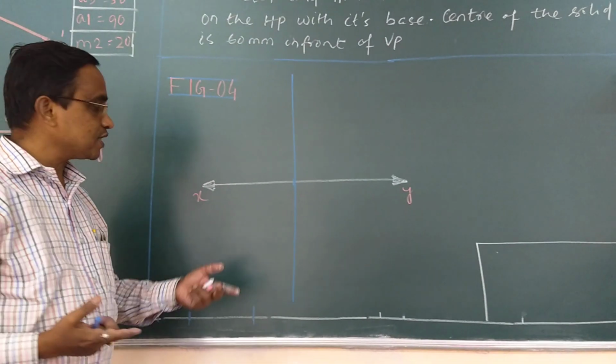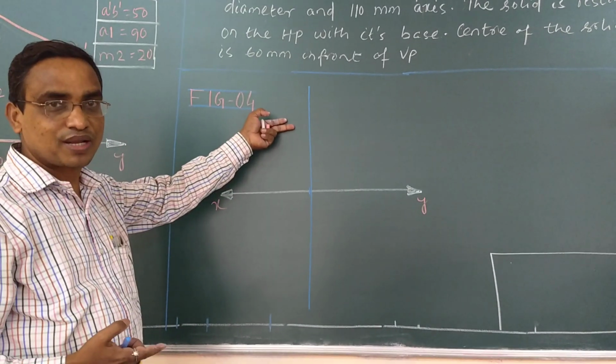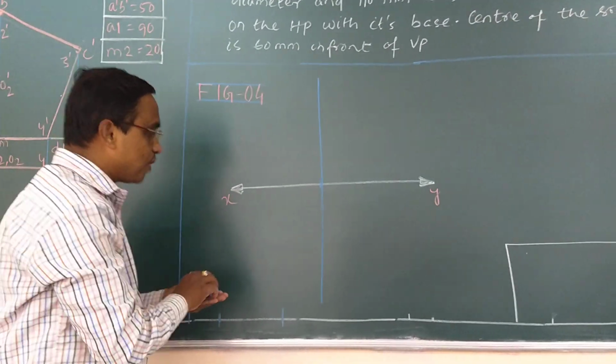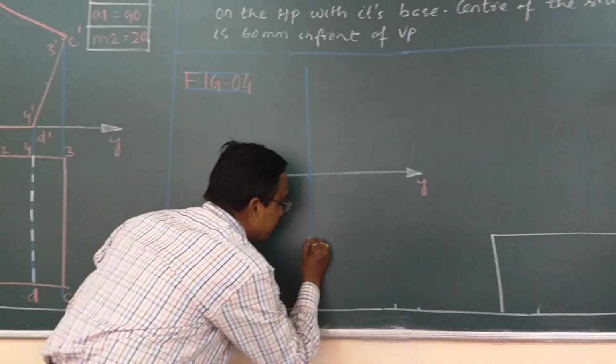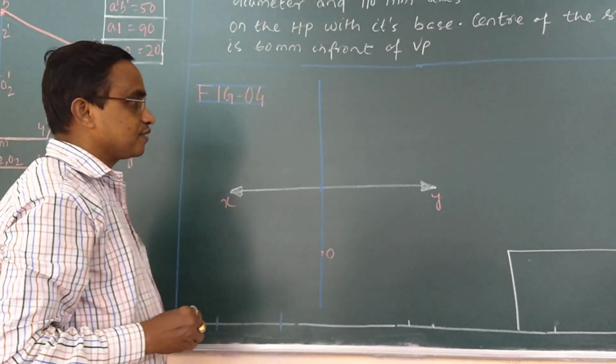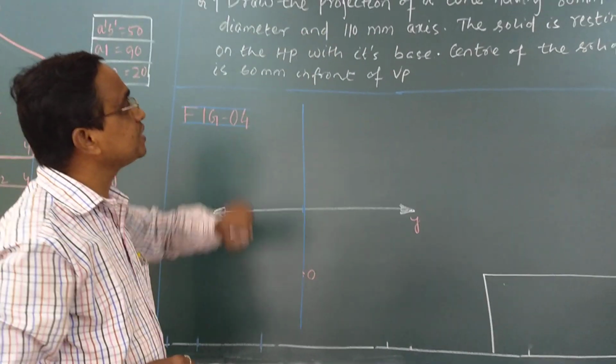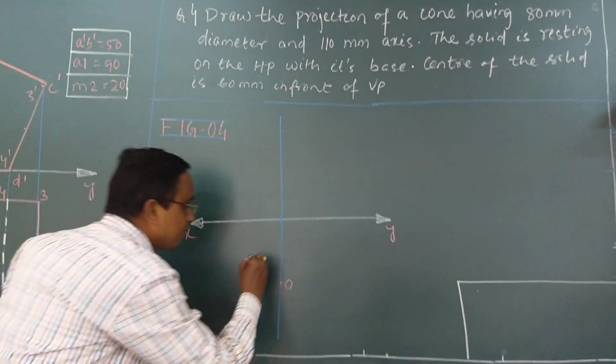Since it is first angle projection, I will draw the top view below the XY reference line and the front view above the XY reference line. And you mark the center of the base, say O. O is the center, radius is 40, draw a circle because the diameter of the base is 80, so the radius you take 40.